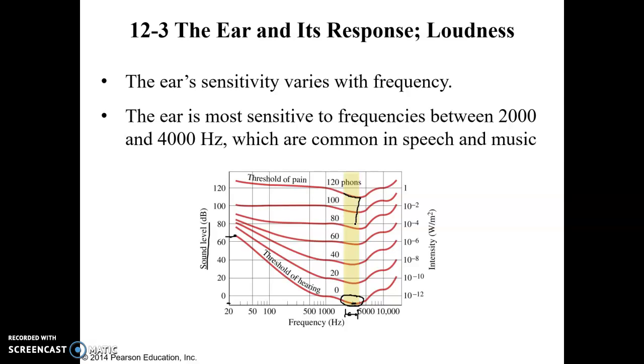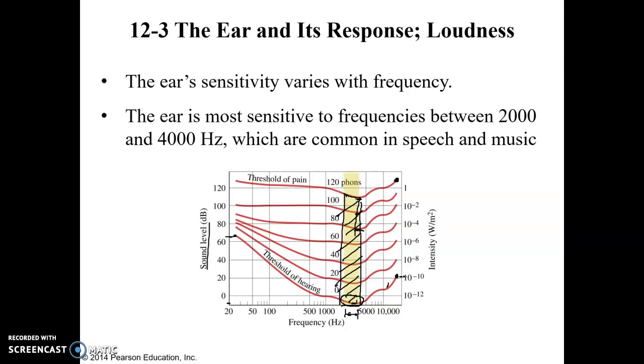Basically this area, which I've shaded yellow, I'll try to shade it in here. I'm not great at drawing with my little bamboo tablet, but it shows us how within this frequency range, we are more sensitive to these sounds. It doesn't take as much intensity for us to hear them as it would at a very high frequency.